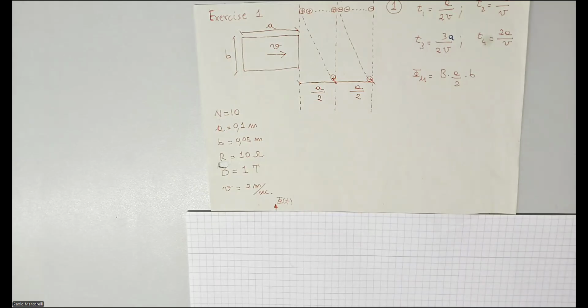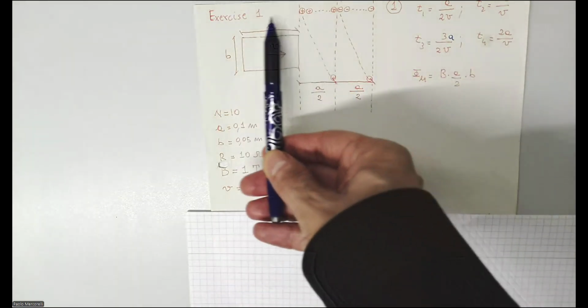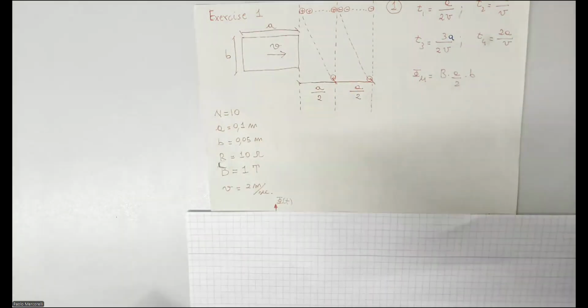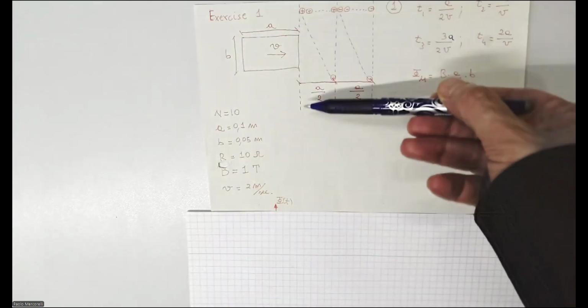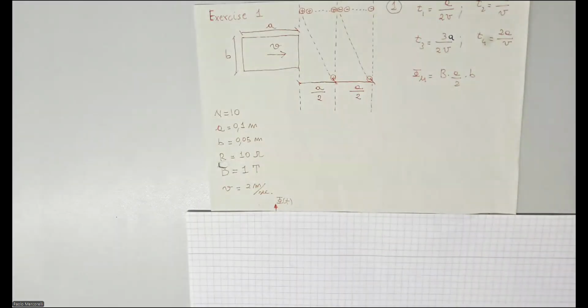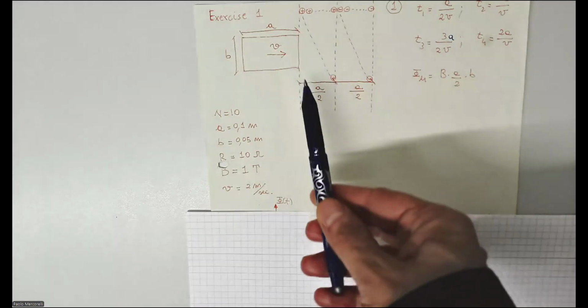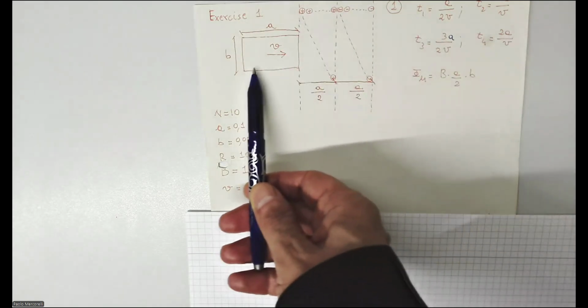In the phenomenon it is clear that the magnetic surface changes over time, because by moving this geometric surface inside the magnetic field, this dimension isn't constant, while B is constant, but the other dimension involved in the magnetic field changes over time.